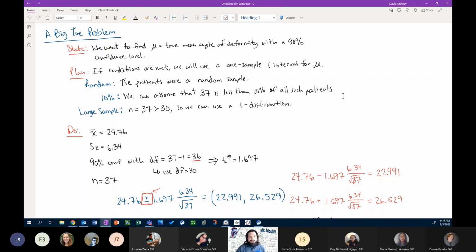So we're going to assume, because they've asked us to calculate a confidence interval, that this is less than 10%. We then check the large sample condition. We have n equals 37, which is greater than 30, so we can use a t-distribution. We were also told that the sample distribution had no strong skewness or outliers in the setup.